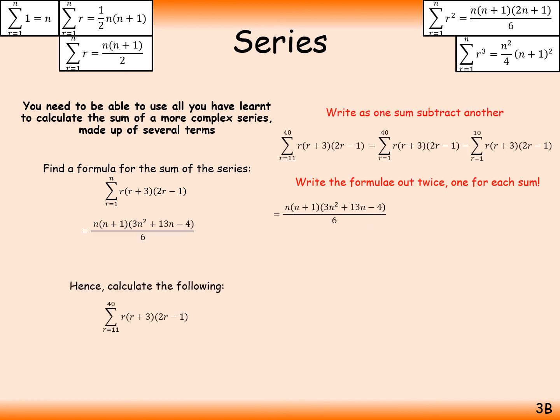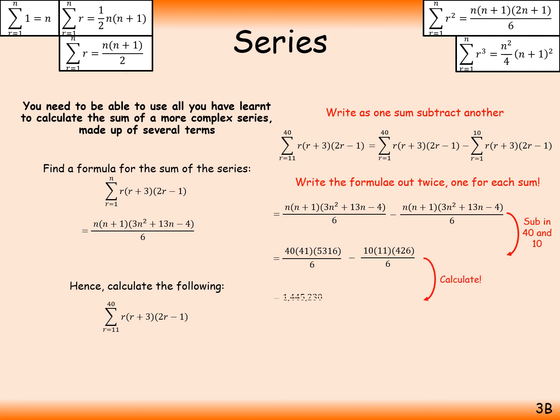Okay, so you substitute in the values of r going from 1 to 40 and r going from 1 to 10. You minus one from the other, and we'll do the calculation, and you get the following result. 1445230, so 1.4 million-ish.